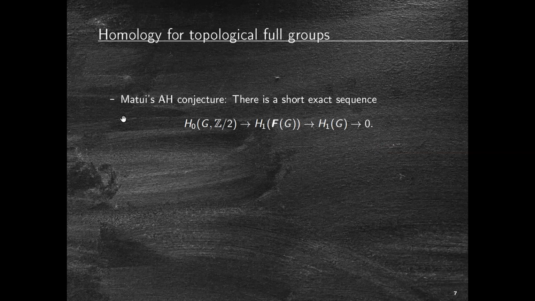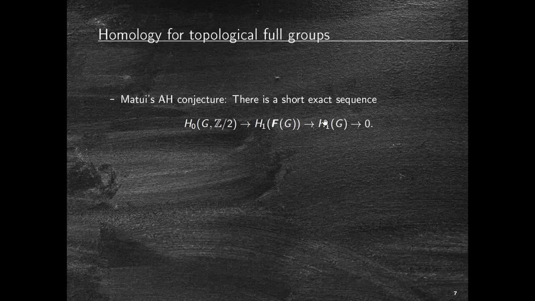So one thing is Matui's work. He had this insight that he wanted to try to understand the homology of the full group by relating it to the homology of the groupoid. So the underlying object, the groupoid, has a homology defined in a similar way as group homology. And so he wanted to relate these two different homology groups.